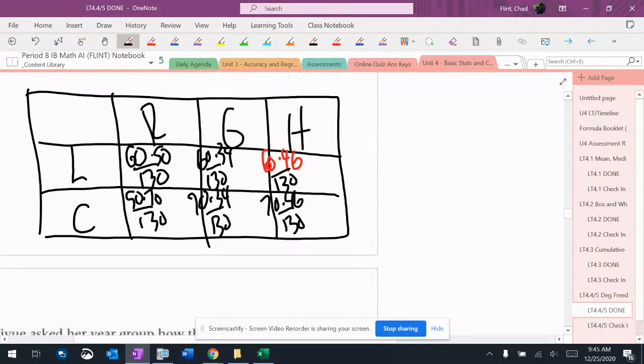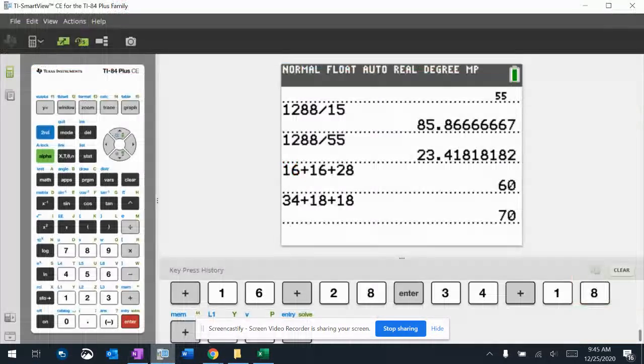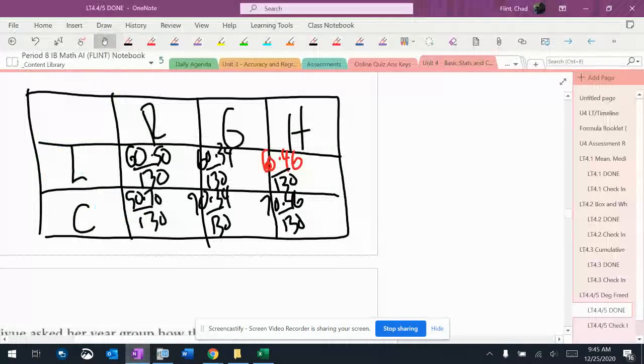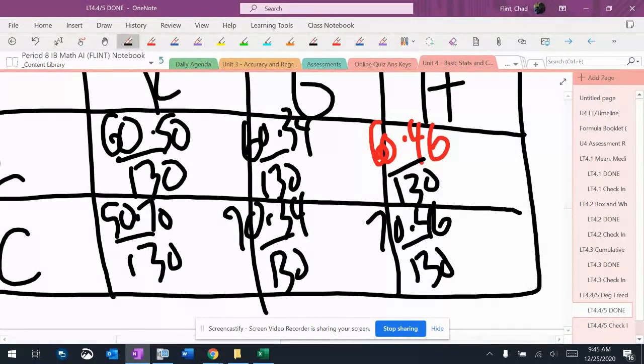Now I need to put each of these in the calculator and get the expected frequencies for them. It takes a little bit of time, so I'm not going to put these in fractions. I'm just going to do 60 times 50 divided by 130. So 23.1. I'm going to make them all pretty significant figures. 23.1.